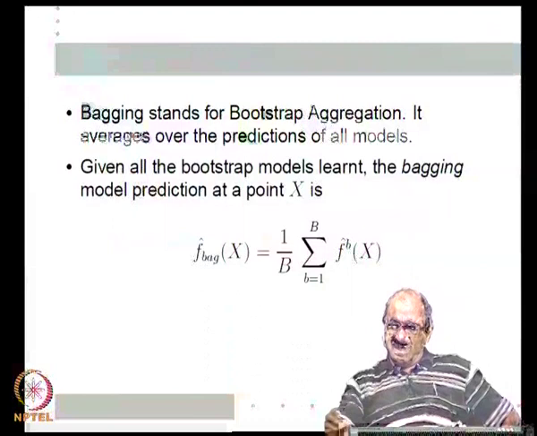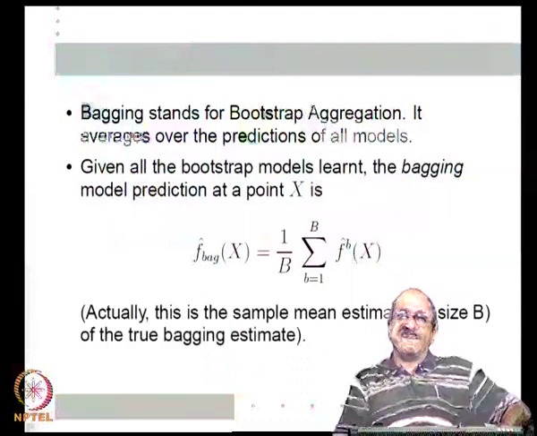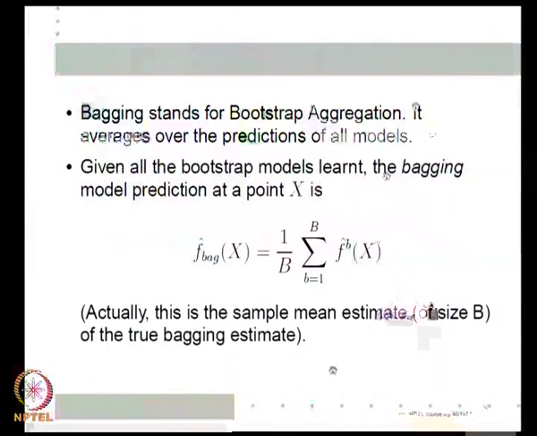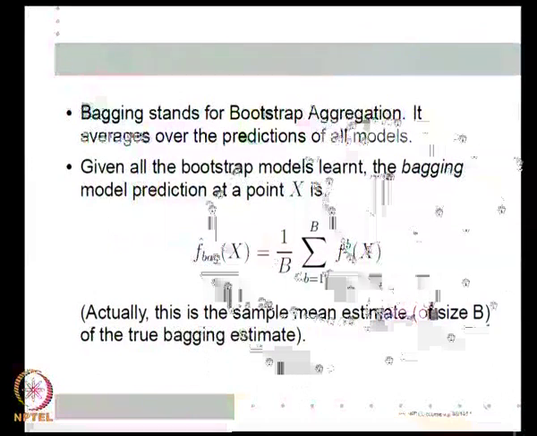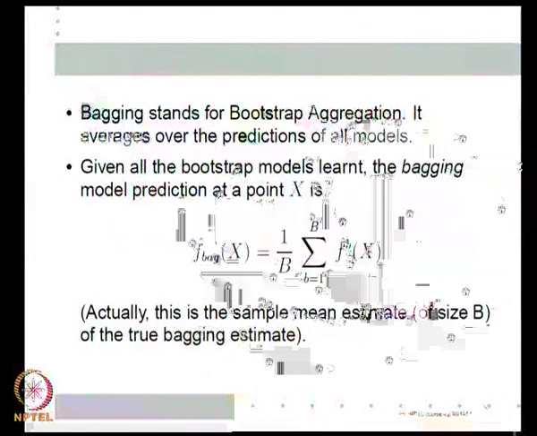Because the actual theoretical definition of the bagging estimate is not like this. It is the expectation of f hat B of x, where B is a random Bootstrap model that you obtain. So, this expression is actually itself an estimate of the bagging estimate. It is an estimate derived as a sample mean, because I do not know how to find the distribution of how different Bootstrap samples behave.